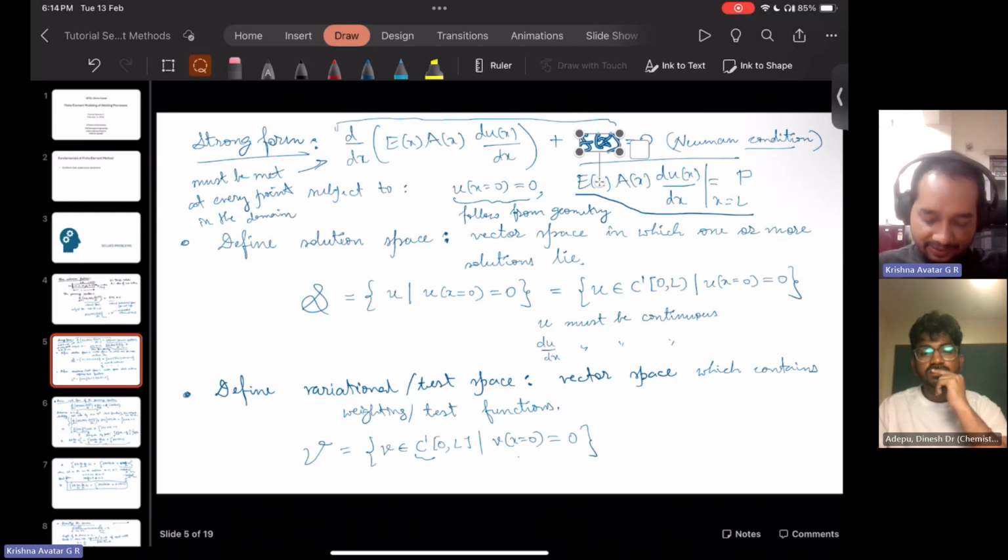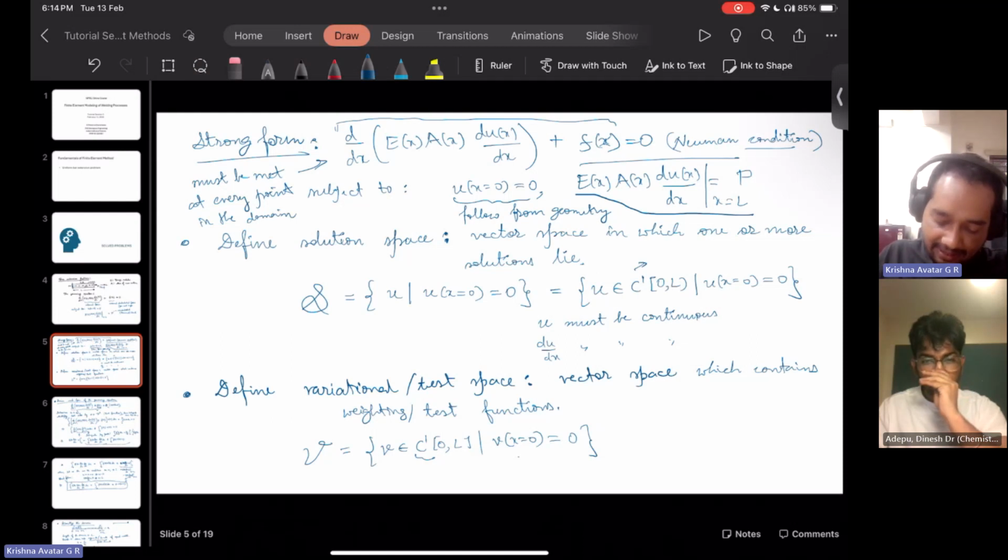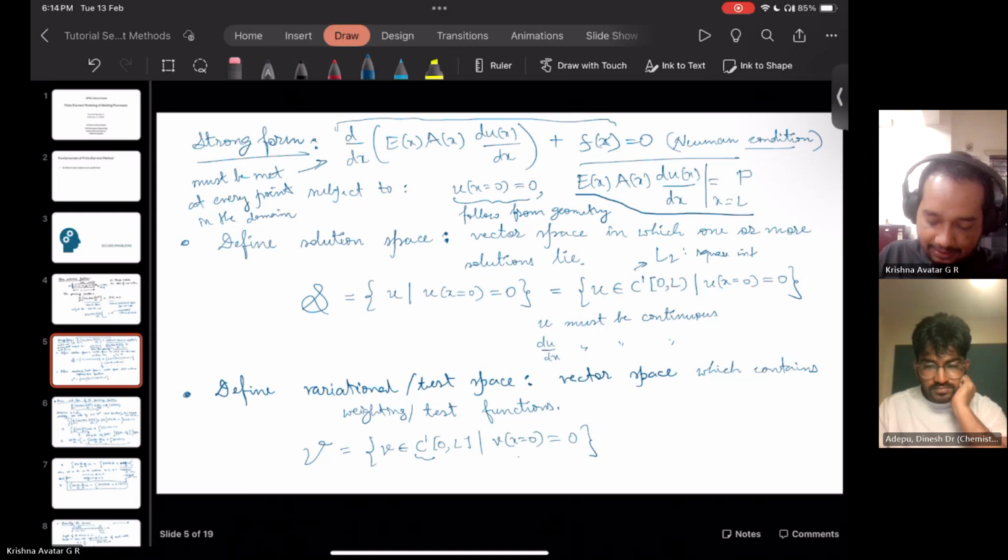The functions which belong to this vector space must be C1 continuous. However, what we do is we give it a weaker condition, which is what we call L2. L2 functions means square integrable.